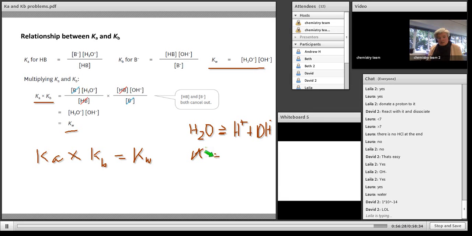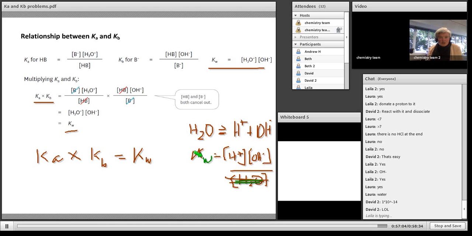K is equal to the H plus times OH minus all over H2O, but remember H2O is a constant, so we can simply cross that out and make that Kw. Okay, and that is, as David said, 1 times 10 to the minus 14.